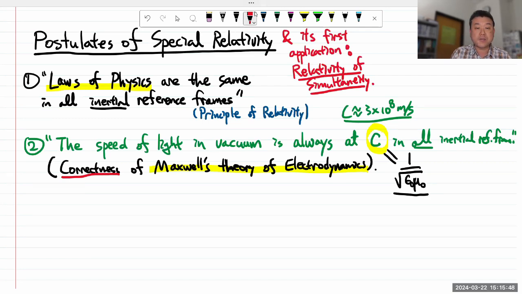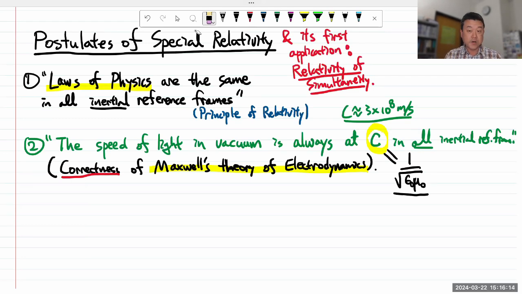So these postulates, you can almost think of them like axioms of special relativity, except axioms are more of a mathematical thing, and we physicists prefer words like postulate and hypothesis and principle. So in principle, you can derive everything in special relativity from these two postulates.